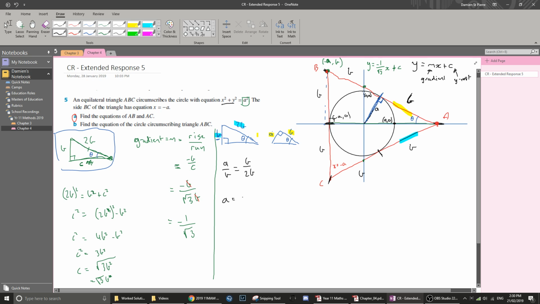So I'm going to end up with A is equal to B squared on 2B. So A is equal to B on 2. Hold on, I think I've made a mistake. I'm just going to leave you here for a second.